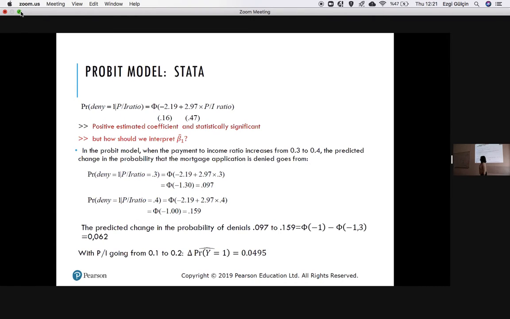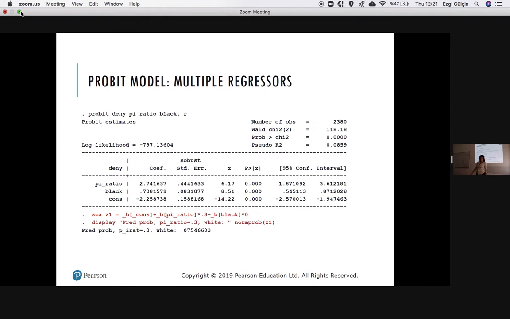The predicted probability of being denied when x is equal to a certain value is a scalar, so we generate with Stata a scalar which we call as we want, and this would be beta 0 plus beta 1 times 0.3. Okay, in the case that we had before.